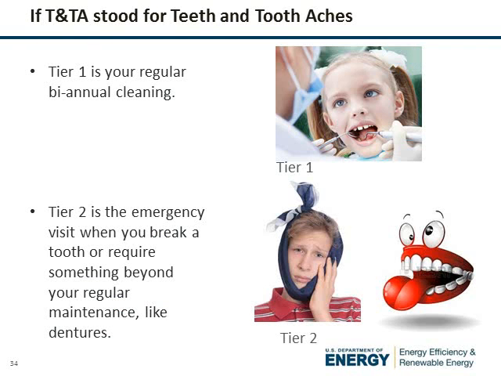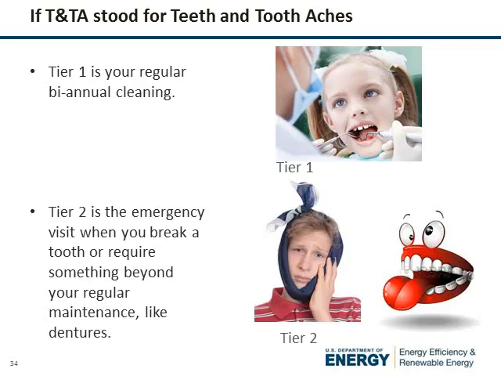So here's another slightly more clever way to think about Tier 1 versus Tier 2 training. This was not thought up by me, but by someone much smarter than me. If T and TA, what we usually use to stand for training and technical assistance, instead stood for teeth and toothaches. So Tier 1 is your regular biannual tooth cleaning. It's just something you do.